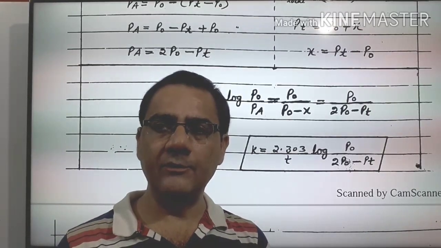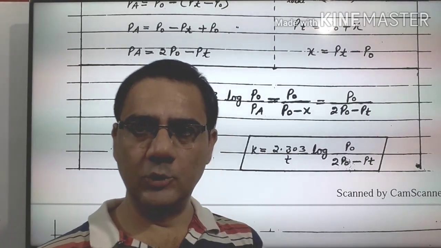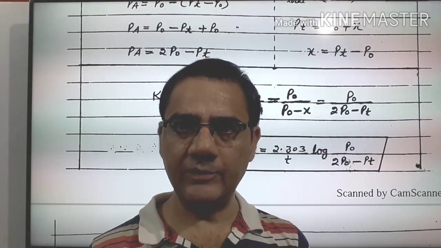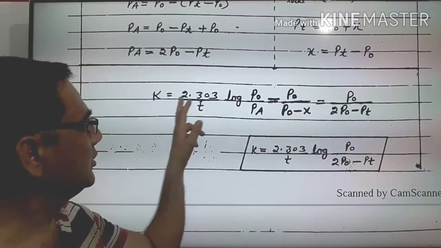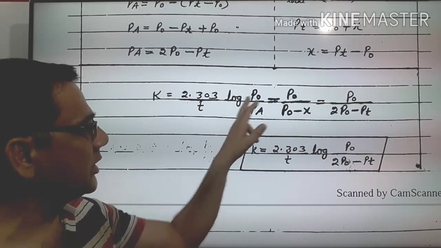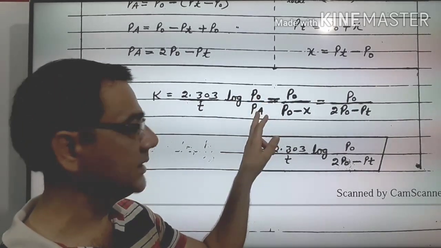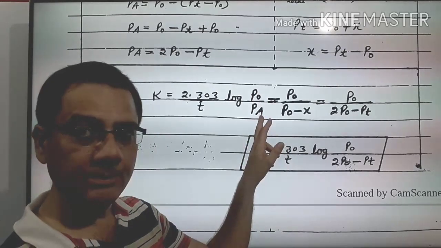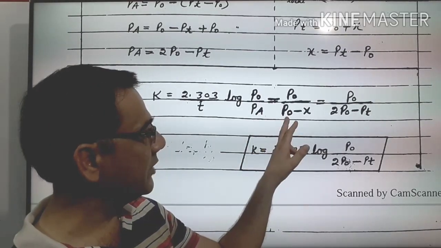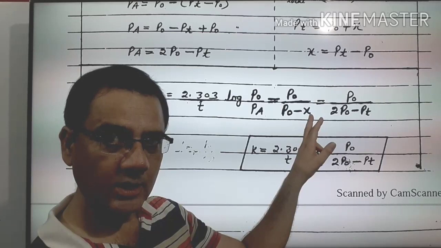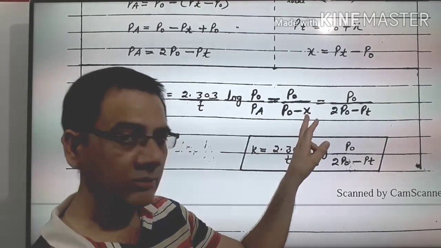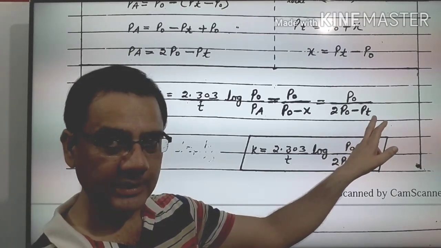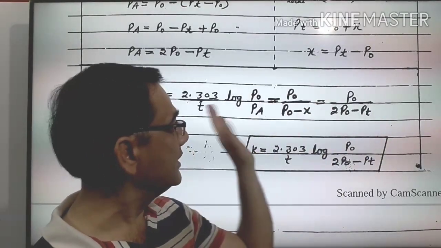First order expression for those processes which occur in the concentration form, उसके लिए जो हम लोगों ने फार्मूला ड्राइव किया था पहले वो हमारा था K is equal to 2.303 upon T log. यहाँ पे लिखते थे A initial और यहाँ पे लिखते थे इन स्क्वायर ब्रैकेट A, लेकिन अब यहाँ लिखेंगे P initial upon PA, और PA को हमने इक्वेट किया है P initial minus x से, और फिर इसको सॉल्व किया है बाय पुटिंग द वैल्यू ऑफ x, देन फाइनली वी गेट P initial upon 2P initial minus Pt. Which formula in this we will use?